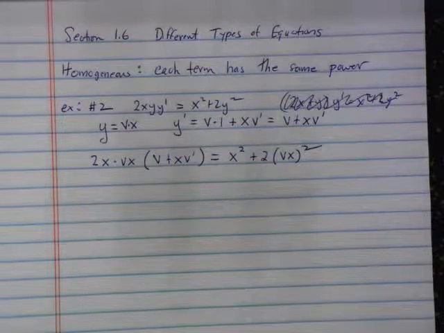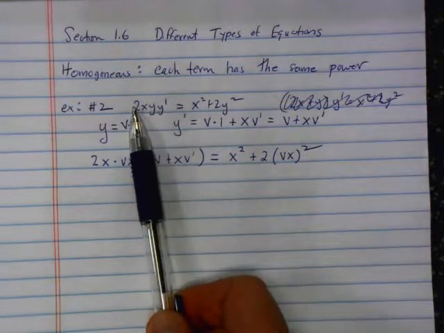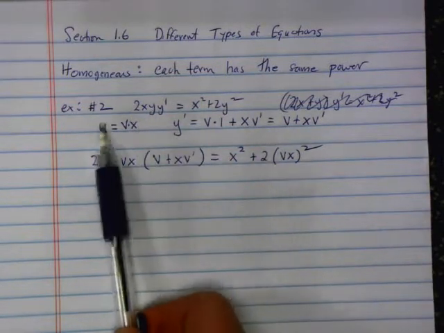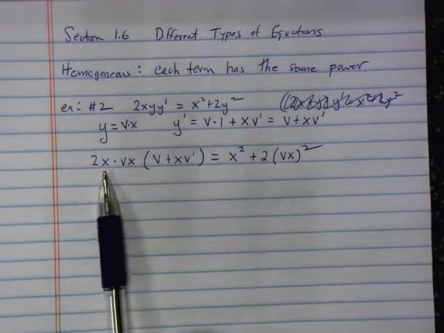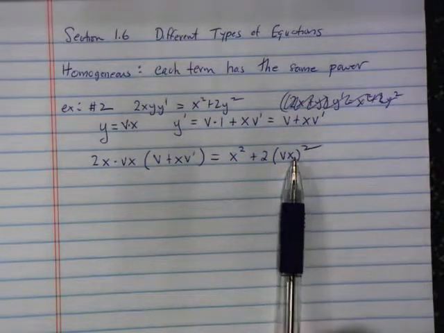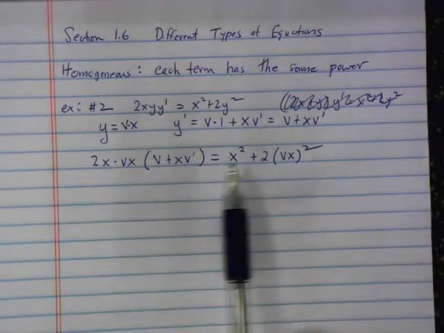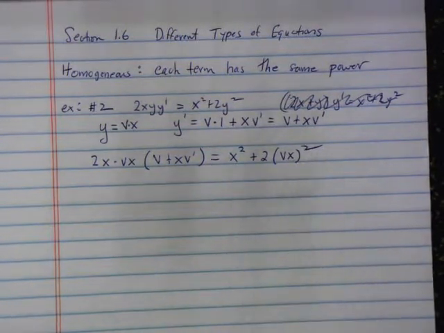Well, what should happen at this point? At the beginning, every term had degree 2. Now that we've made this substitution for y equals vx, every piece should have an x squared in it, since our original powers were all degree 2. We've got an x squared right there, x squared right there, and x squared right there. How does that help? You can divide the whole equation by x squared.